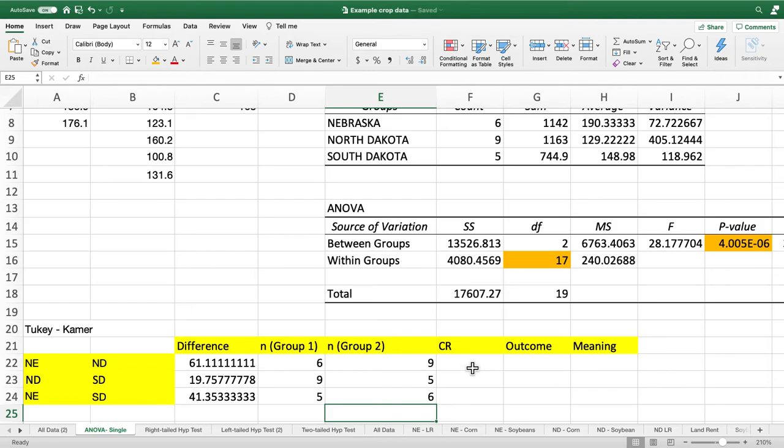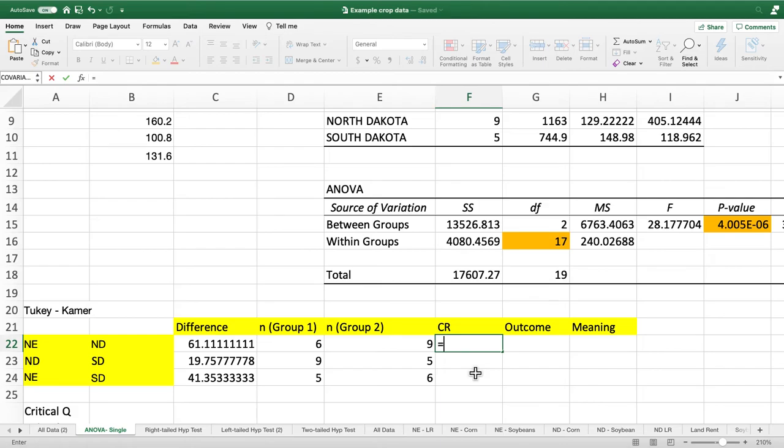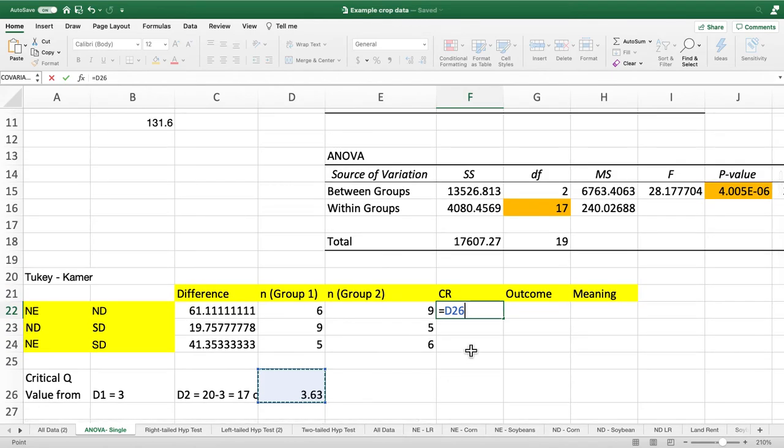So now we've got to actually calculate that critical range. In order to do that, we've got to type in this lovely formula from page 510. So we're going to start with our equals, and we want to start with that Q that we found earlier, which is that 3.63. So equals Q times, because we're multiplying this whole thing by that, the square root of, now we got to type in this whole thing.